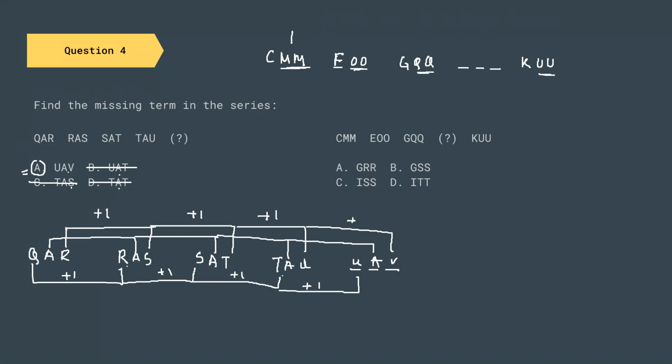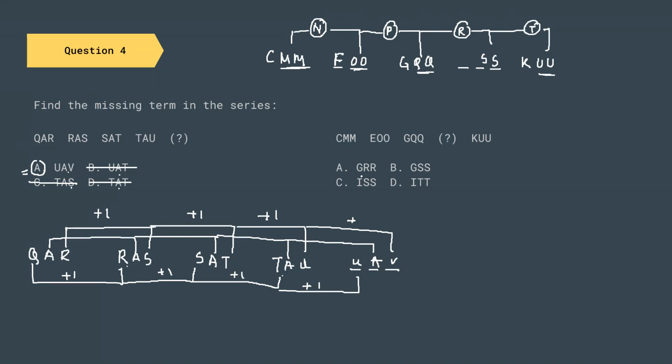M, N, O. So you can say that M plus 2 is O, so you have written two O's here. Then again O, P, Q. So this will be two Q's. Then Q, R, S, so two S's, then T, and then U, that is two U's.